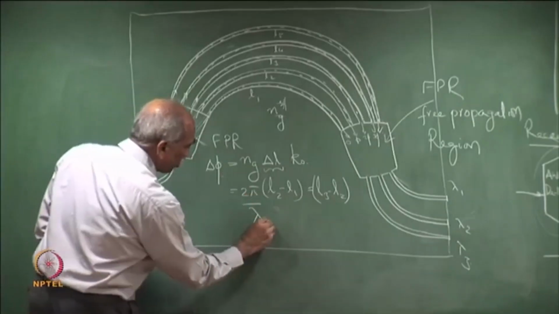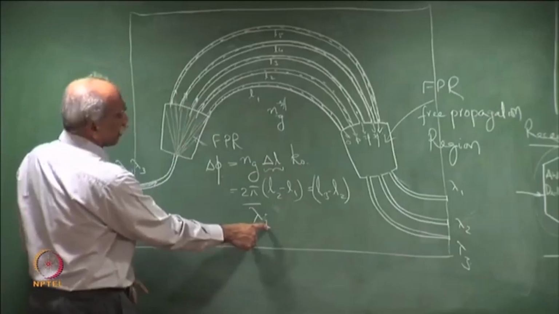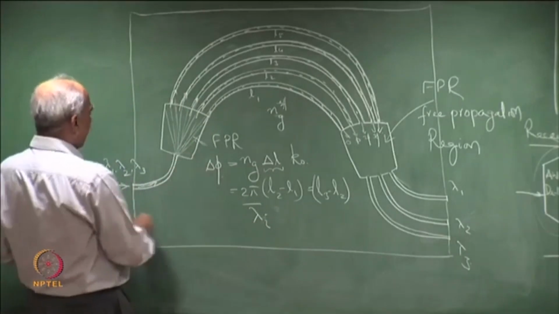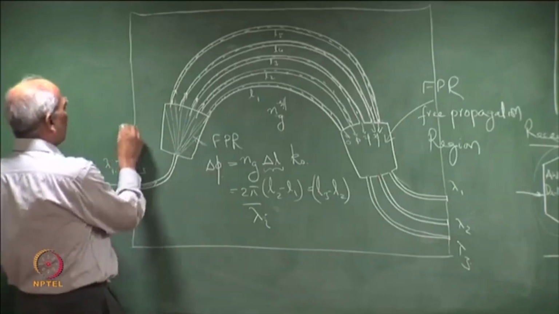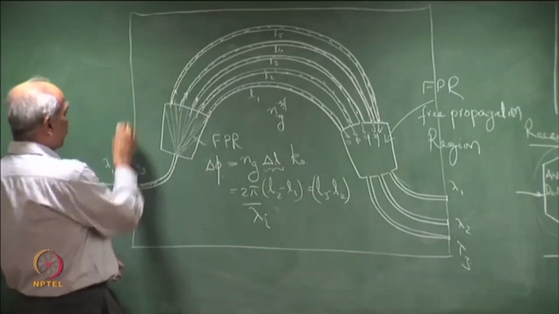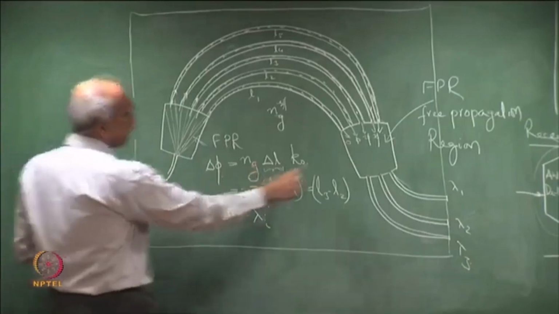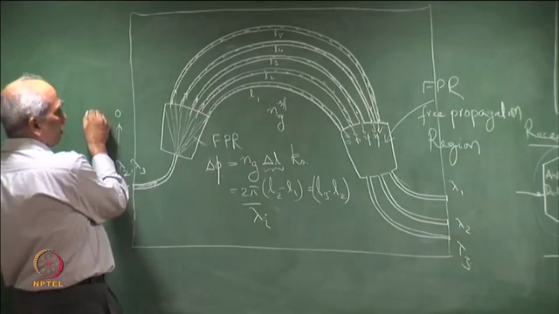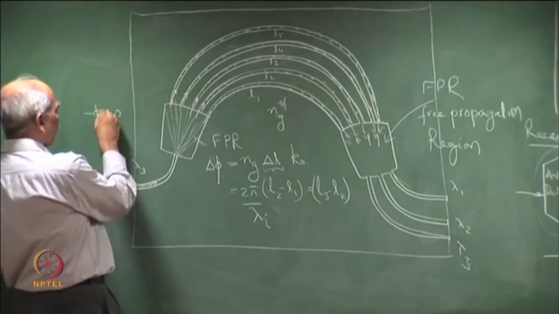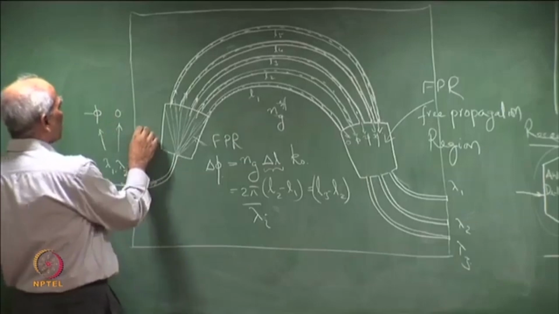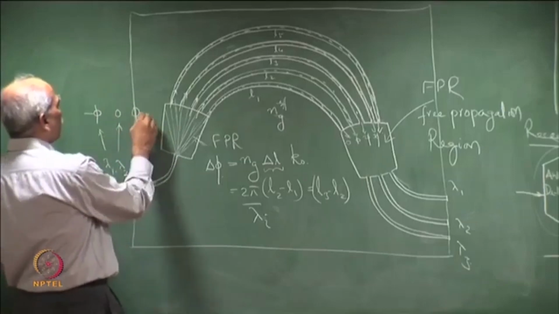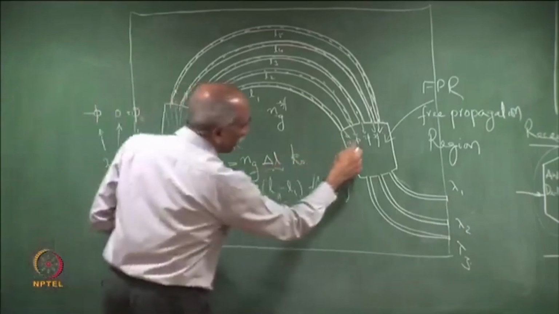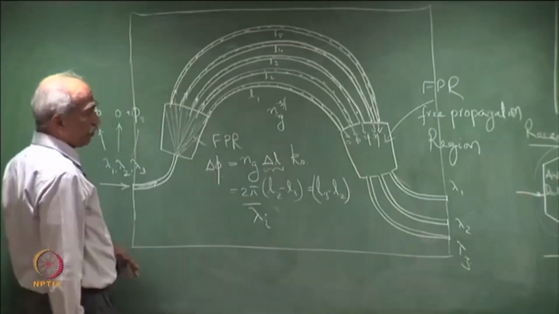So, lambda is different for the different wavelengths, and therefore, if lambda 1 enters from here, let us say that the phase difference corresponding to lambda 2 is 0, then the phase difference will have a certain minus phi here corresponding to lambda 1, and corresponding to lambda 3 this could be plus phi. The phase differences are different here for the 3 different wavelengths.